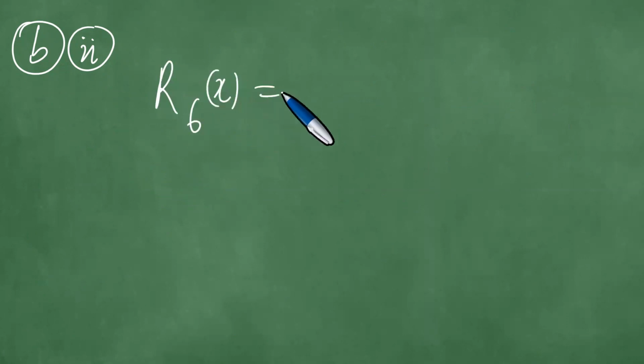So R6 of X can be seen as: we always put a 1 in the denominator, so that it is never 0.